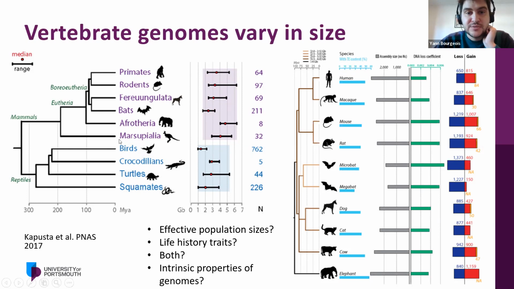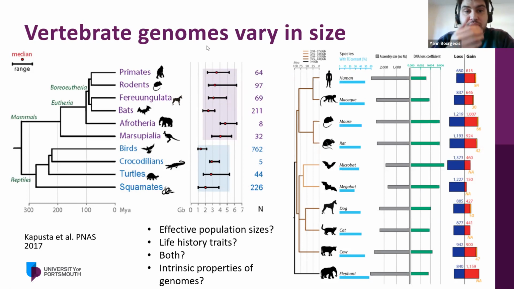So you can see that, well, there is quite a lot of variation, but it depends on the clades. For example, you can see that in birds, genomes are relatively short. They're about 1.2 gigabases, and there is not much variation. Whereas, for example, in the case of rodents, you have a lot of variability. So with genomes that can go from 1.5 gigabases to even possibly 6 gigabases.